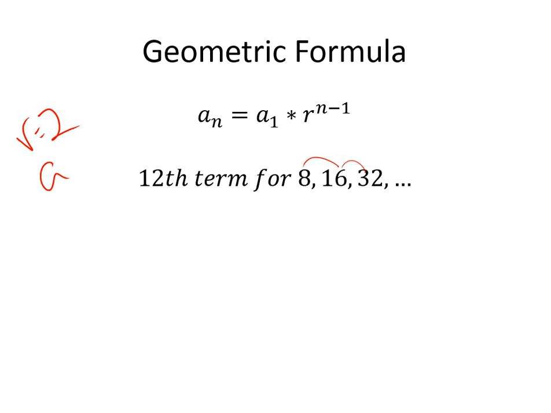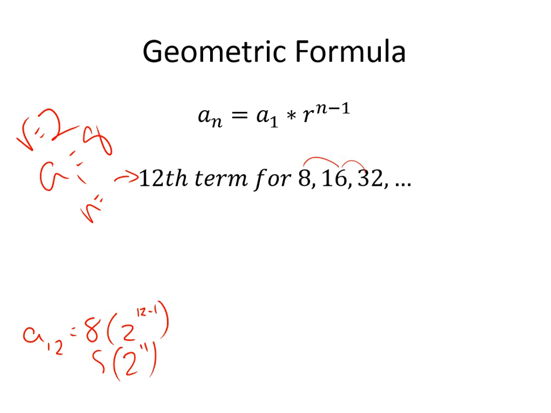A1, our first term, is 8, and then our n would be 12. So when we set this up, it's going to be A12 is equal to 8 times 2 to the power of 12 minus 1. So it would be 2 to the 11th times 8. We take the exponent first, so 2 to the 11th first, and then multiply it by 8.